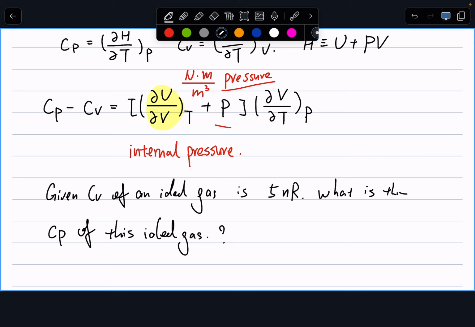This term, we have a means to solve it. We know that V equals nRT over P, and thus this term becomes nR over P. Right, so what we can solve for an ideal gas is that Cp minus Cv equals nR.